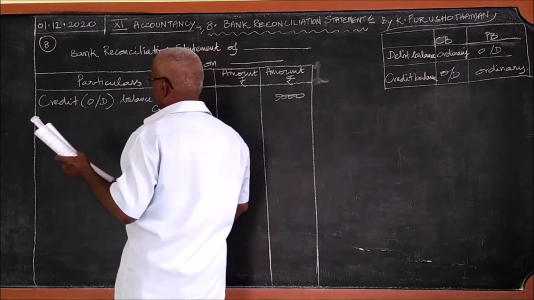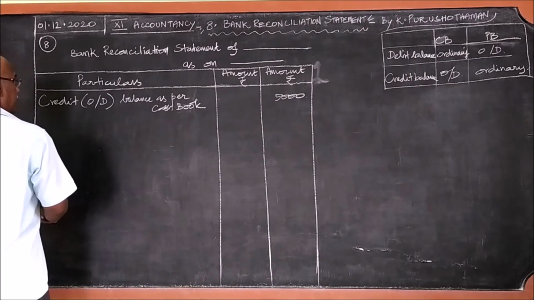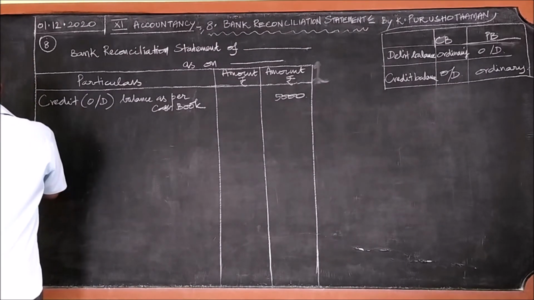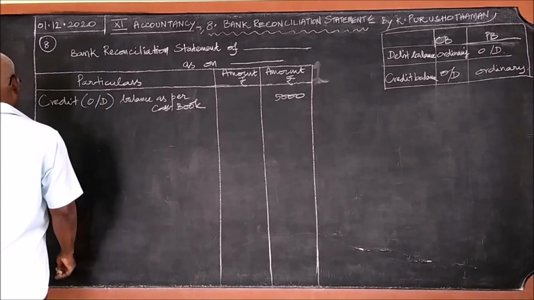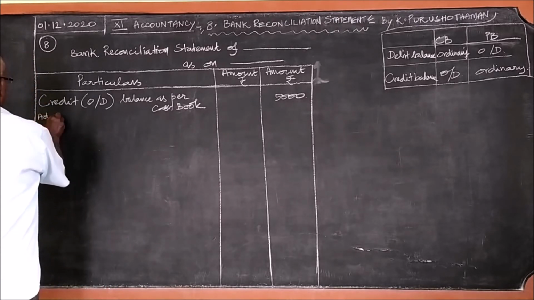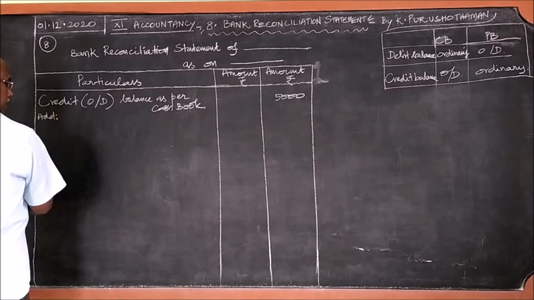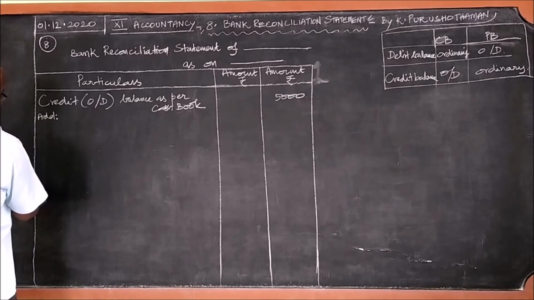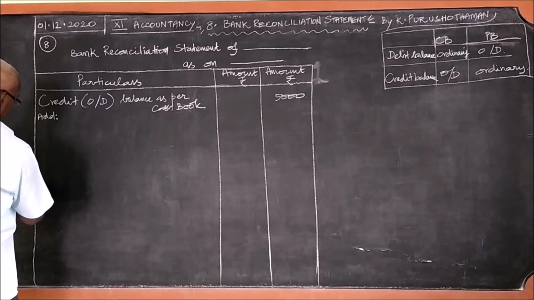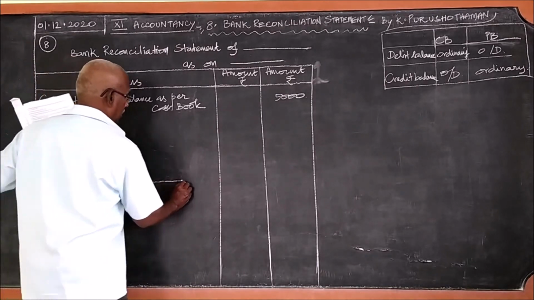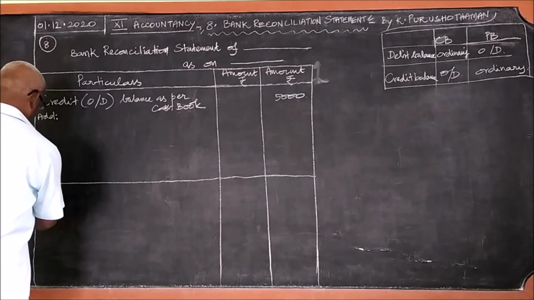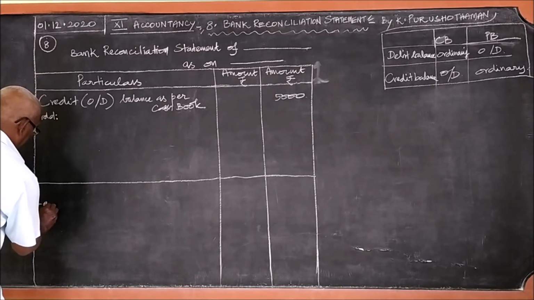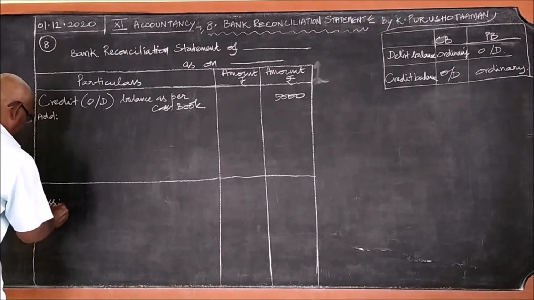So, as I said already, from the other 7 items, we should select the items to be added and we should select the items to subtract, or to less.